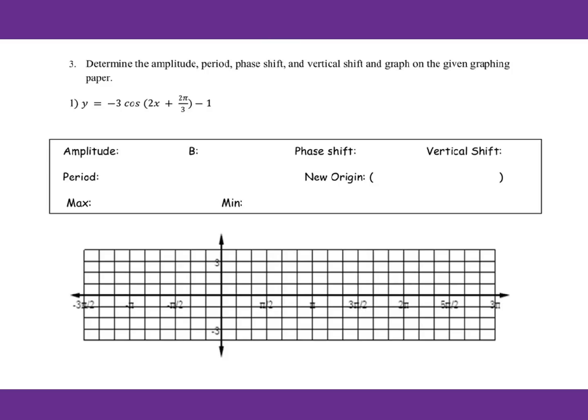Look at the next problem. Determine the amplitude, period, phase shift, and vertical shift, and graph on the given graphing paper, for y equals negative 3 cosine of 2x plus 2 pi over 3, minus 1. First of all, remember we need a transformation form function. In other words, we need a sine or cosine in the format y equals a times sine or cosine of b parentheses x minus c, plus d.